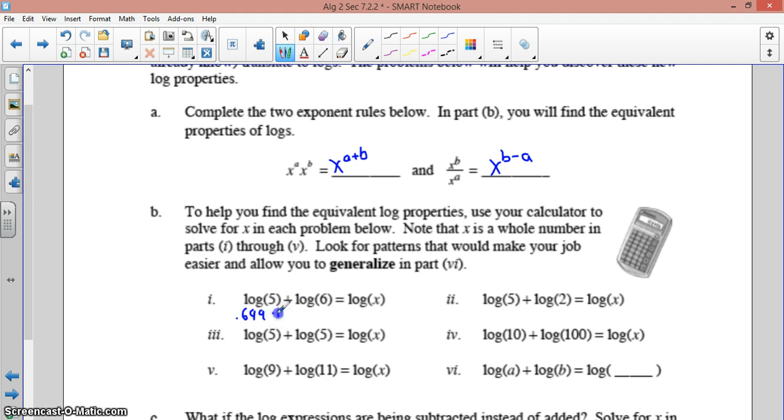Then I'm going to add to that log of 6. So again, we're just going to type log of 6 into our calculator, and that gives us 0.778. If I add the two decimals together, that equals 1.477, which in this case happens to equal log of x.